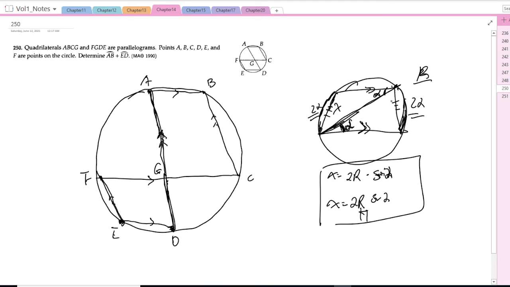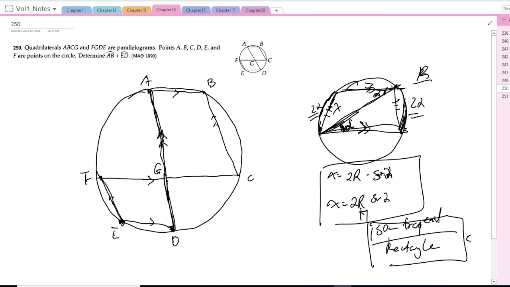That's why this arc is equal to this arc. Two parallel lines in the circle means the spanned shape is either an isosceles trapezoid or a rectangle, right?